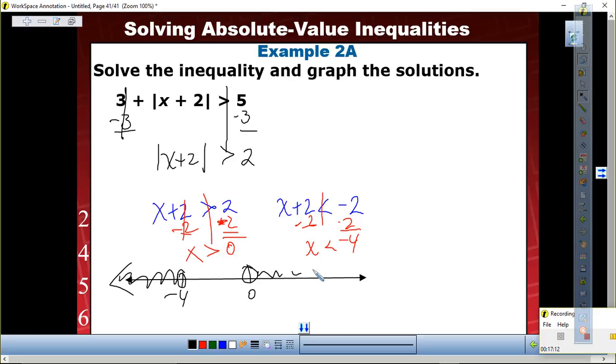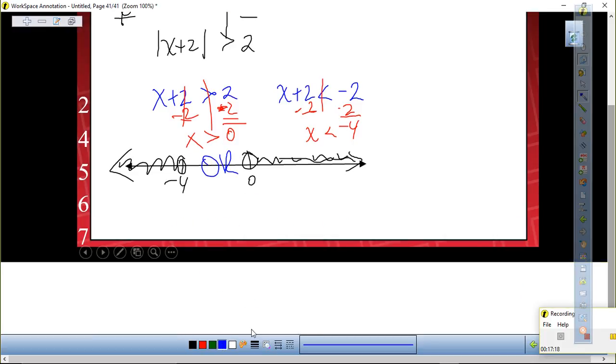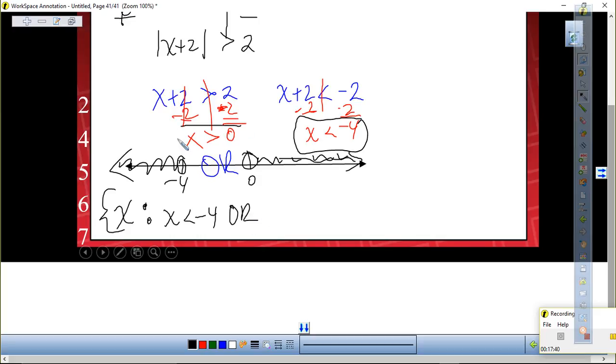Right. What do you guys notice? This is an OR. Therefore, solution set of x such that we start with the negative one first. X is less than negative 4, or x is greater than 0.